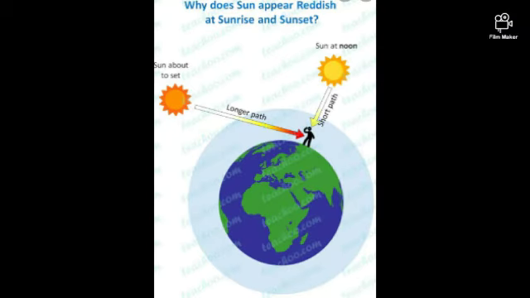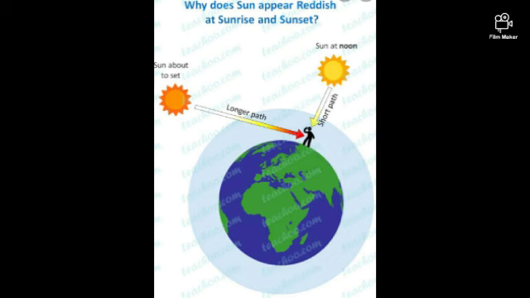Ever wondered why the sun appears reddish at sunrise and sunset? This happens because during sunset and sunrise, the sun is near the horizon and the sunlight has to travel a larger distance in the atmosphere.